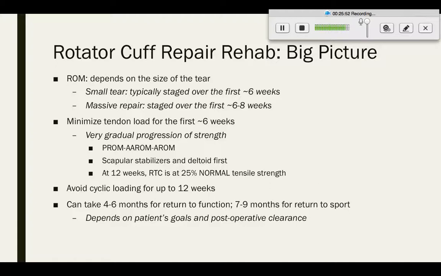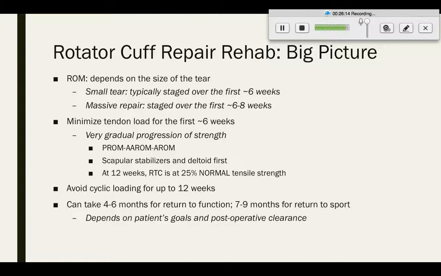Big picture rehab. So range of motion and rehab are going to depend on the size of the tear as well as your prognosis. Small tear typically progresses a little bit faster compared to a large tear, but not always. Small tear is typically staged with range of motion over the first 6 weeks, while a massive repair is going to be staged over the first 6 to 8 weeks or longer.